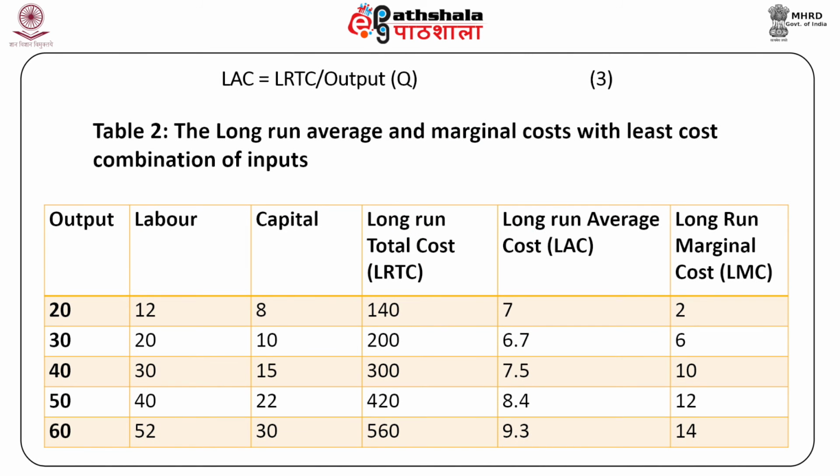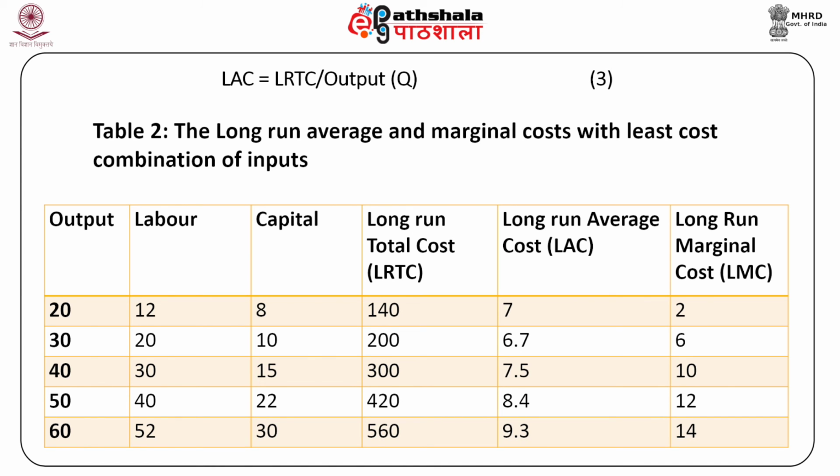LAC is determined by dividing the long run total cost LRTC by the corresponding level of total output. It shows the lowest cost possible when all inputs are variable. LAC is given by LAC is equal to LRTC upon output Q, equation 3.